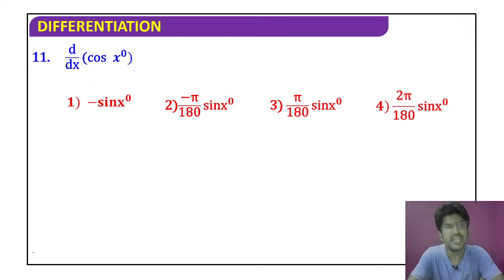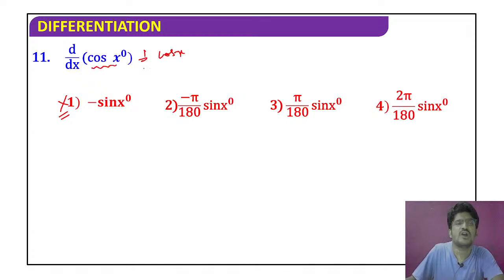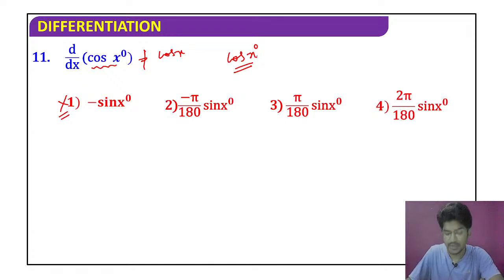Okay. So see here, my dear students, this is a wrong answer. Why? Because this is not cos x. This is cos x radians. Or you can say it is x degree. So that's why, my dear students, this is not the right answer.